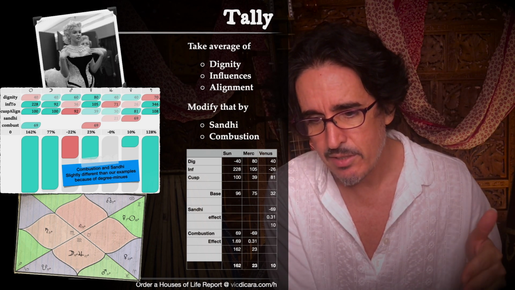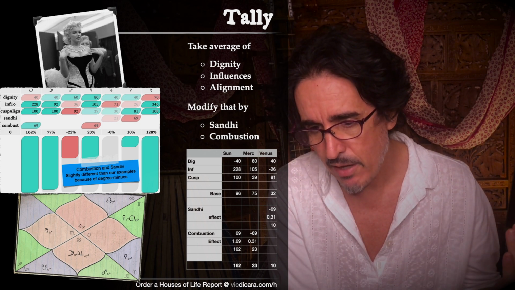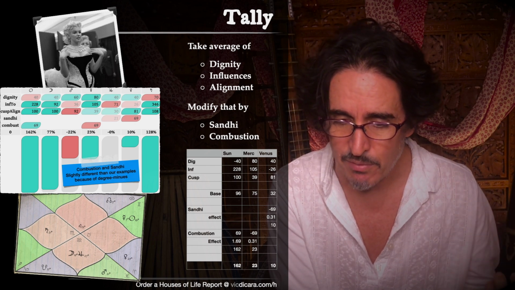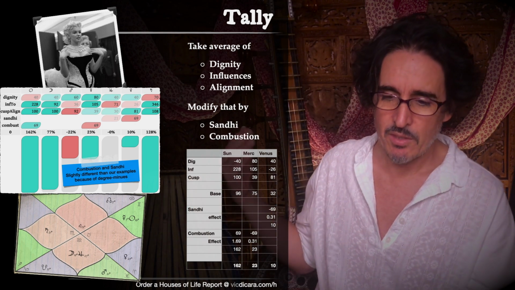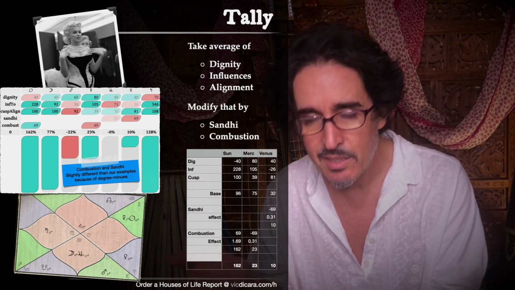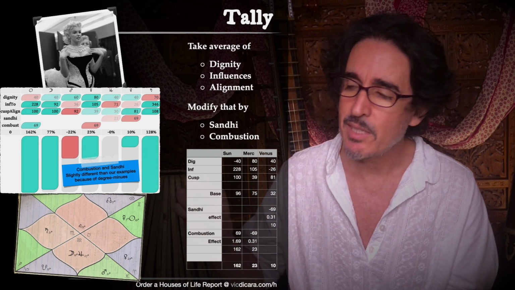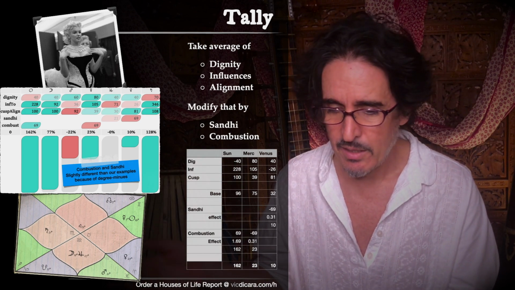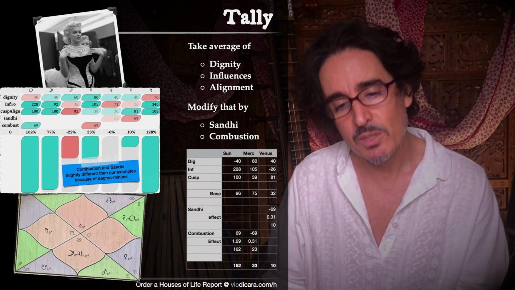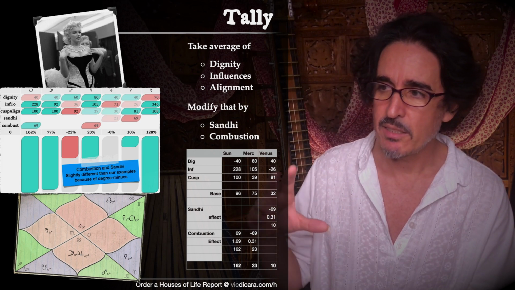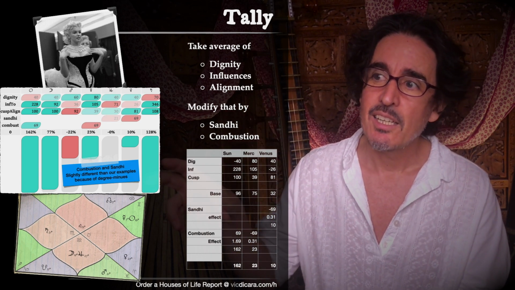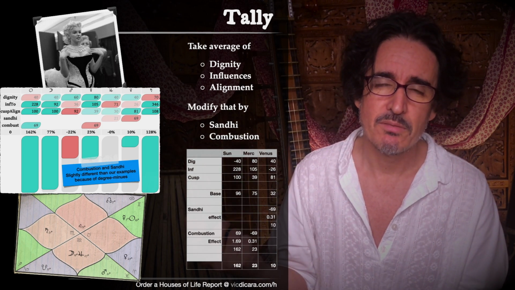And for Mercury, you do the same. 80 is the dignity, 105 combined influence, 39 alignment to the cusp. The average of that is 75. It's going to lose most of it to its combustion. 69% combustion negative means that you multiply it by 0.31 to get 23. So what's actually happening in Monroe's case is the first lord, sun, is in the 11th house, consuming the 11th lord.